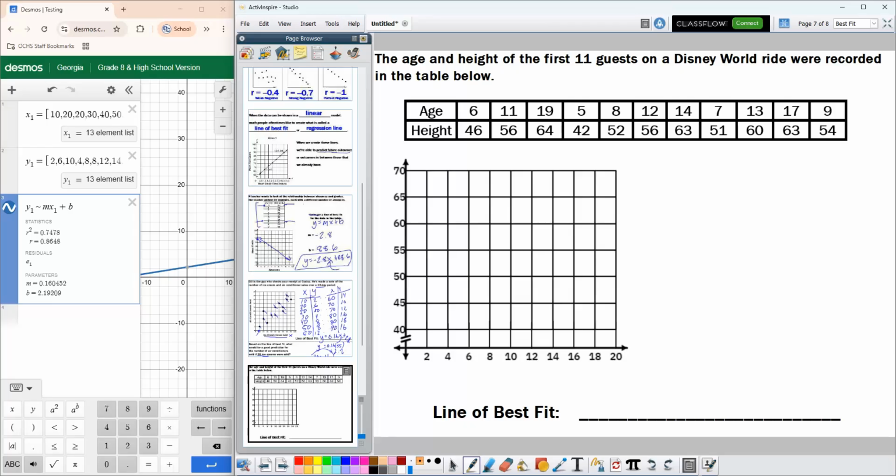All right, it wants us to make a scatter plot here. 6, 46 would be right in there.